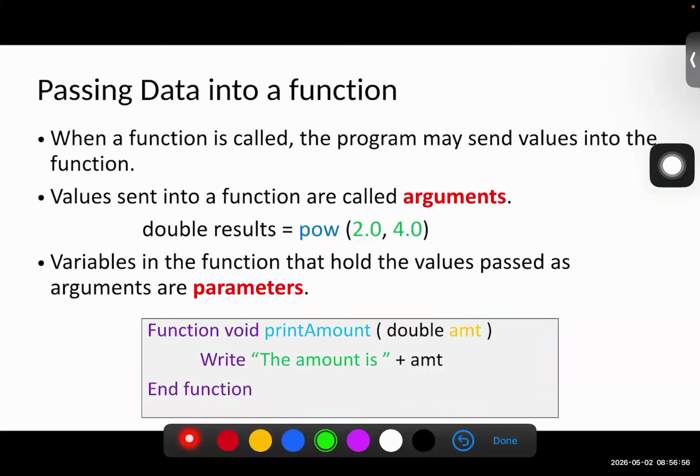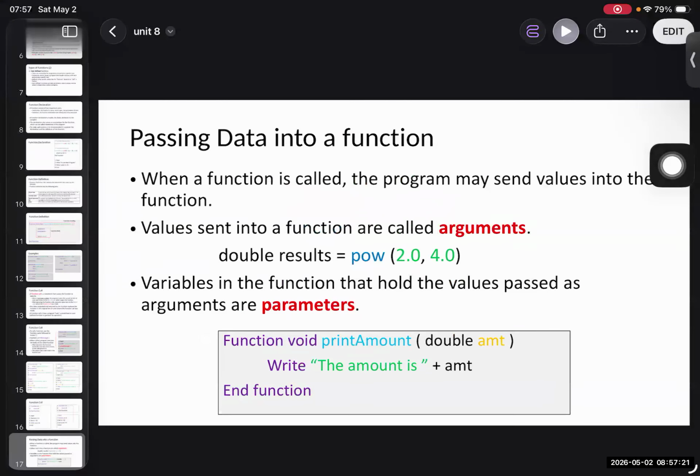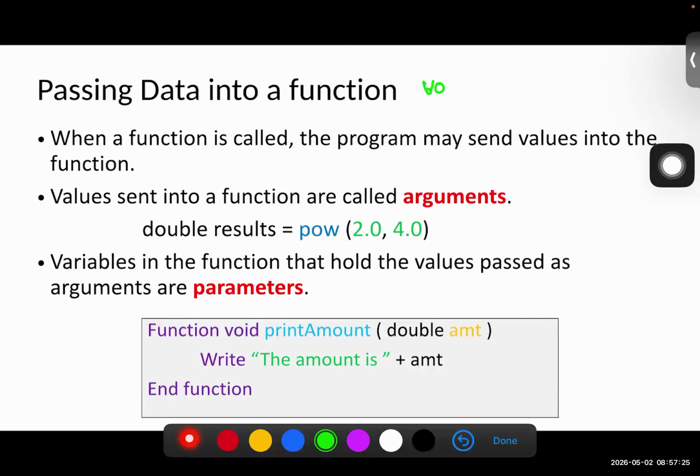Okay, so I said earlier that when we are creating a function, some functions take values. For example, let's create a function to print your name. Let's say the function is a void function.